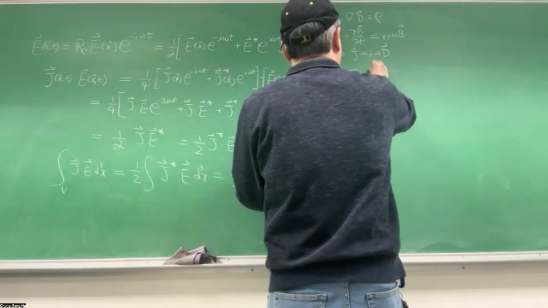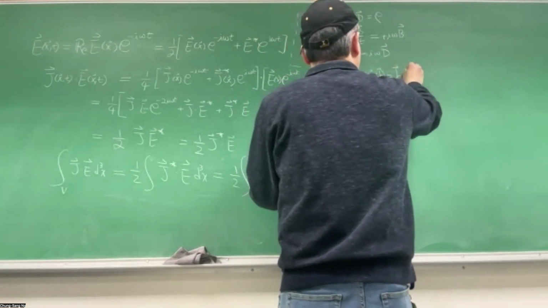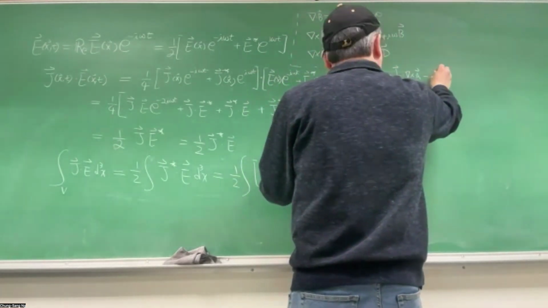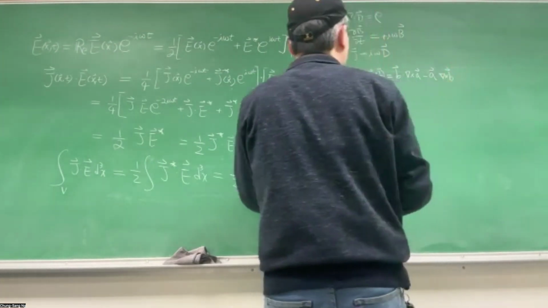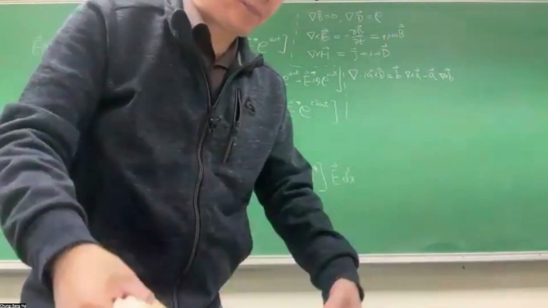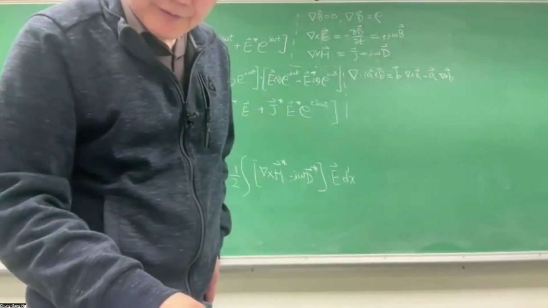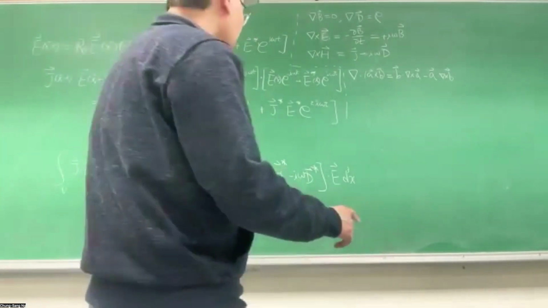Divergence of A cross B equals B dot curl A minus A dot curl B. Finally, we want to write it as, by convention, E cross H complex conjugate.